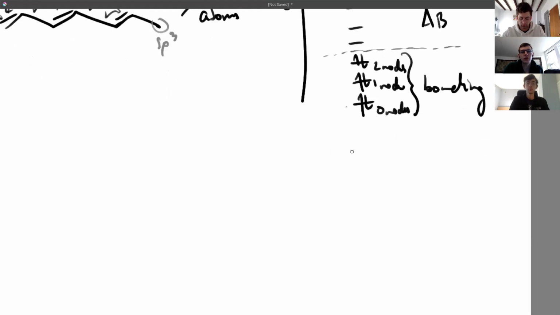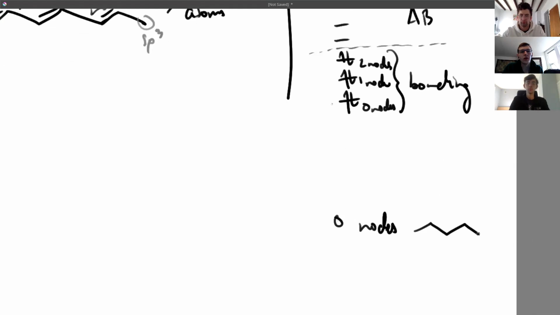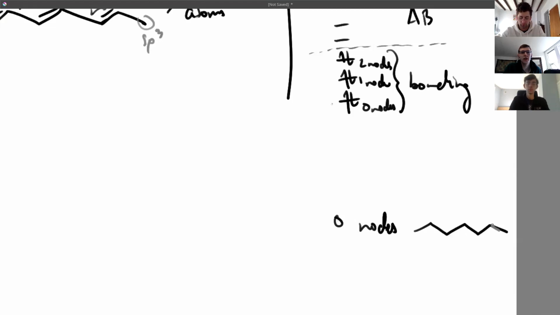And then if we wanted to draw our molecular orbitals, let's say 0 nodes, and I'm going to do it down here just for space. We have our whole molecule, right? We're not really worried about this last part, this is just this extra part.